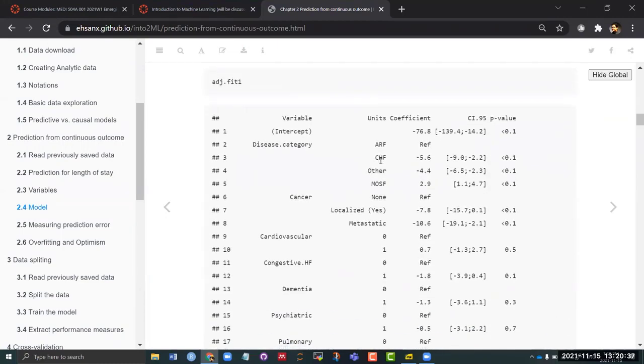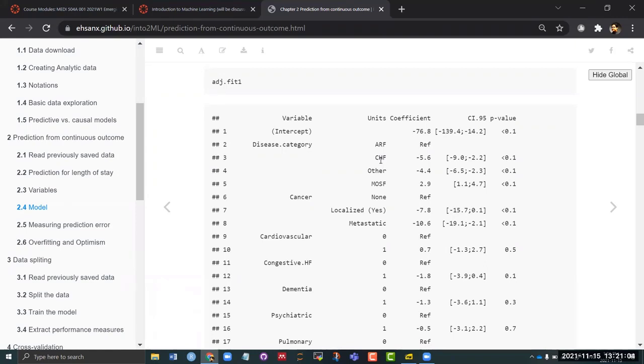So basically, you can see I have an intercept term, of course, and then I have the disease category, and within the disease category, I have some of the variables. Associated with all of these variables or levels, I am getting the coefficients, right? Say, for example, I have this cardiovascular event, and this is a binary variable with an event versus no event scenario.